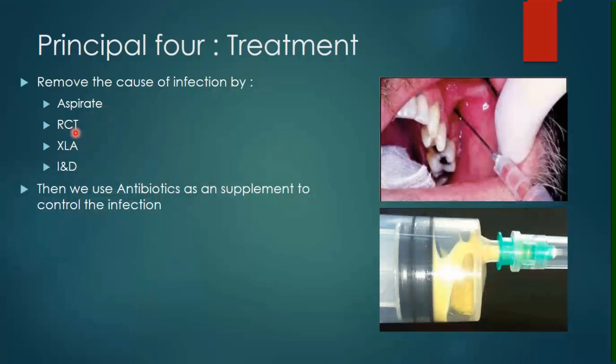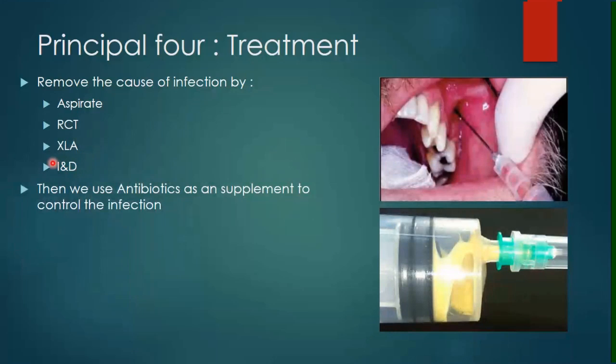But the first step to remove the cause of infection is either by doing a root canal treatment. Sometimes the infected tooth and infected pulp will lead to pus formation, but again, if it is still within the alveolar process, or extract the tooth. These are the main tooth treatments.